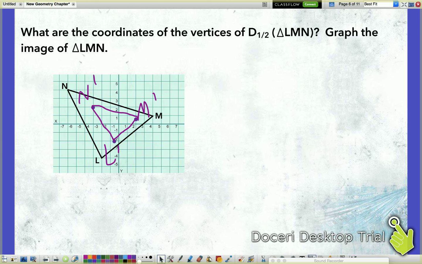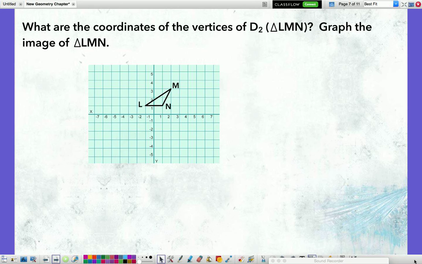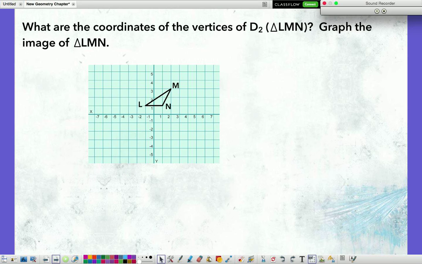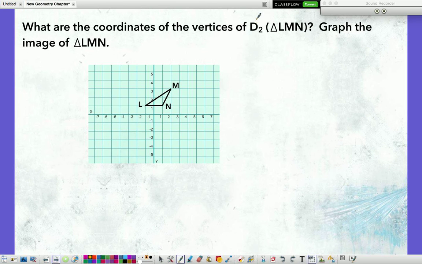Okay, so is that kind of making sense? Okay, so let's check out the next one. And I'm going to try to type this because sometimes it's neater to see. All right, we want a dilation of 2 again.